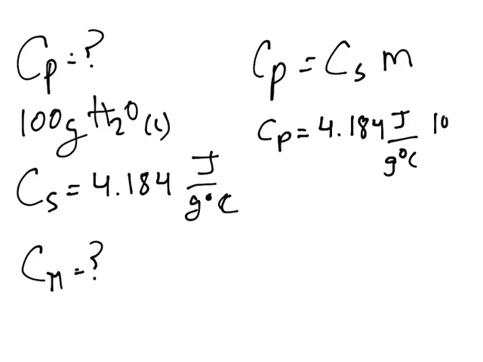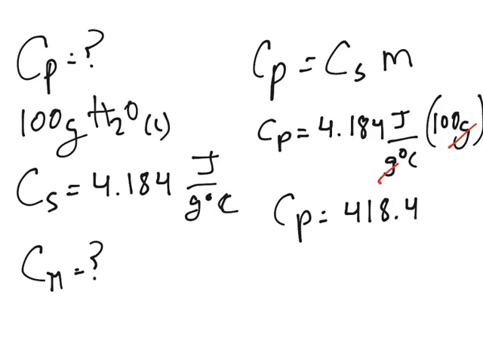We have 100 grams of water here, so the grams will go with the grams, and it would be 4.184 times 100, so our heat capacity is simply 418.4 joules per degree Celsius. Now we have the first part.